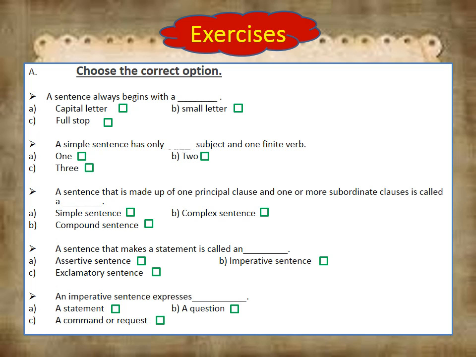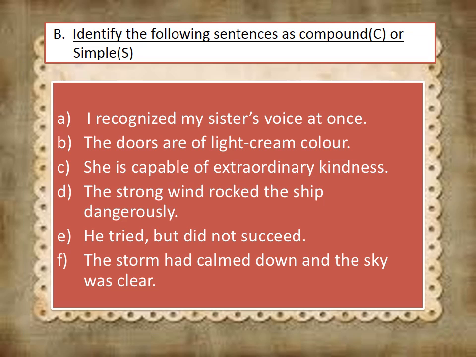Fourth is: a sentence that makes a statement is called an assertive sentence, imperative sentence or exclamatory sentence. And the last one is: an imperative sentence expresses a statement, a question or a command or request.